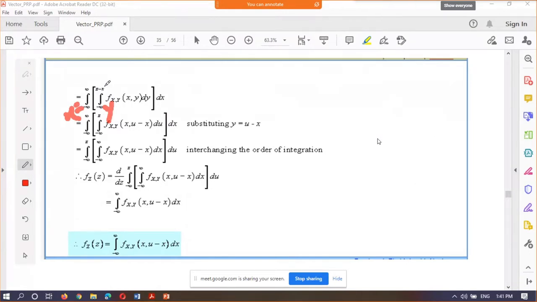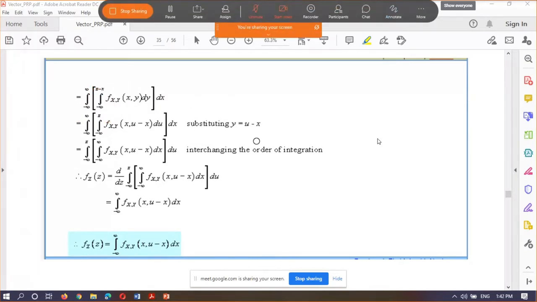Here the limit of integration is not constant. Y equal to z minus x contains the variable x, which is also a variable of integration. So we are not able to change the order of integration here, like we were doing earlier. We have to integrate with respect to y first, and then with respect to x.